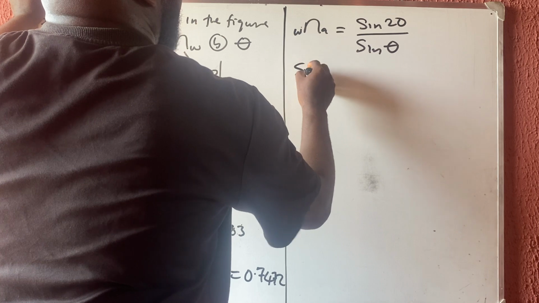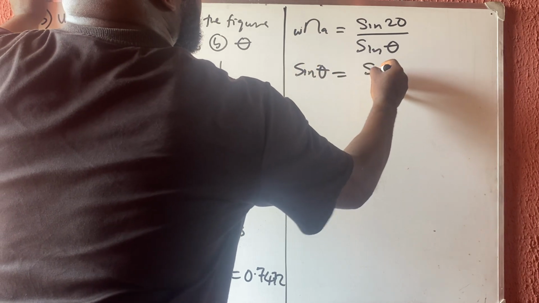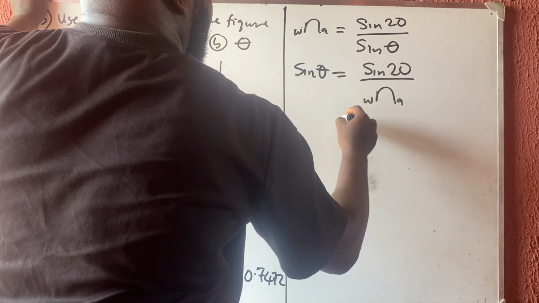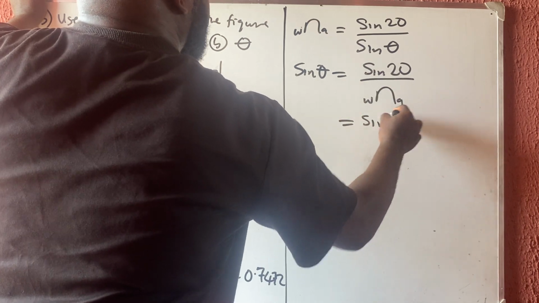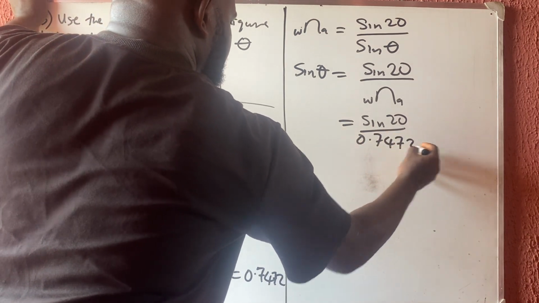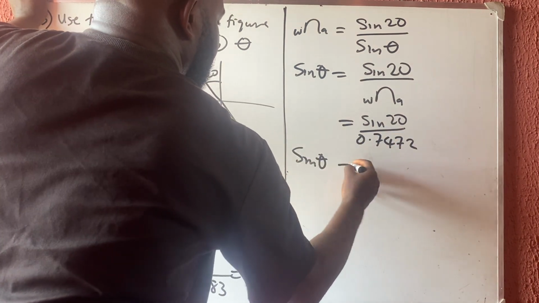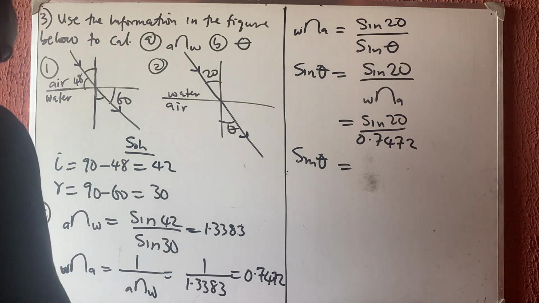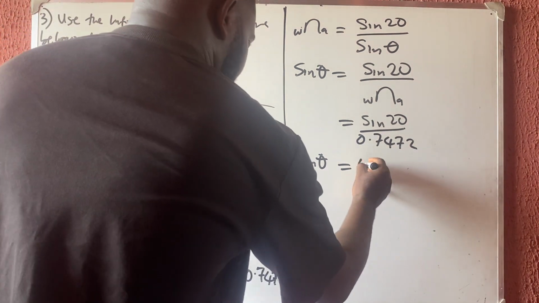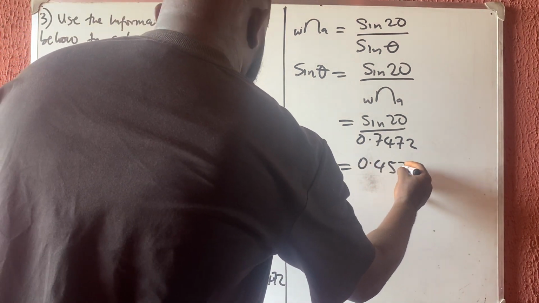So therefore, my sine theta will now be sine 20 divided by my W of A, which I have gotten. So sine 20 divided by 0.7472. So therefore, sine theta is equal to sine 20 divided by my answer. So I'm having 0.4577.